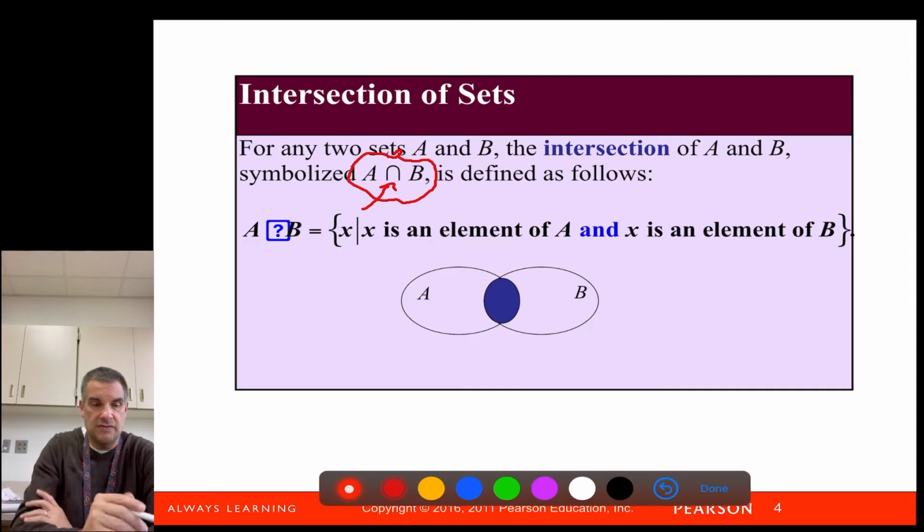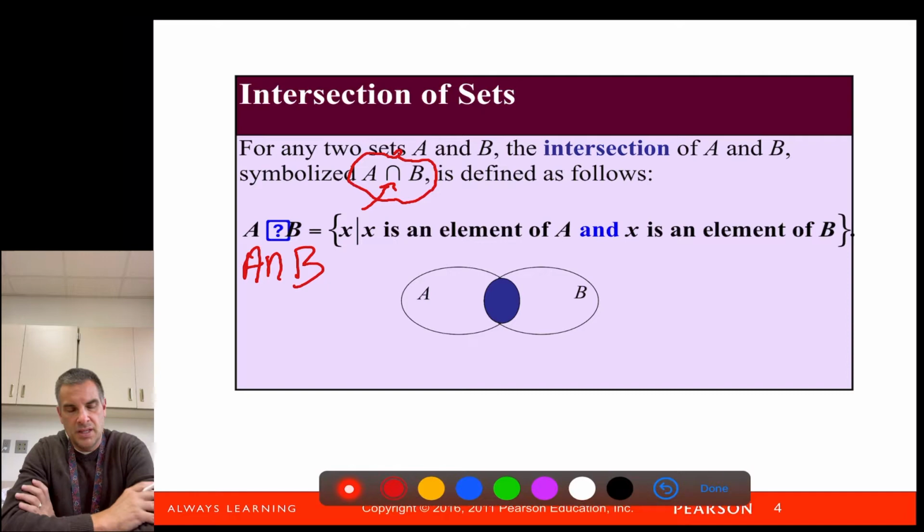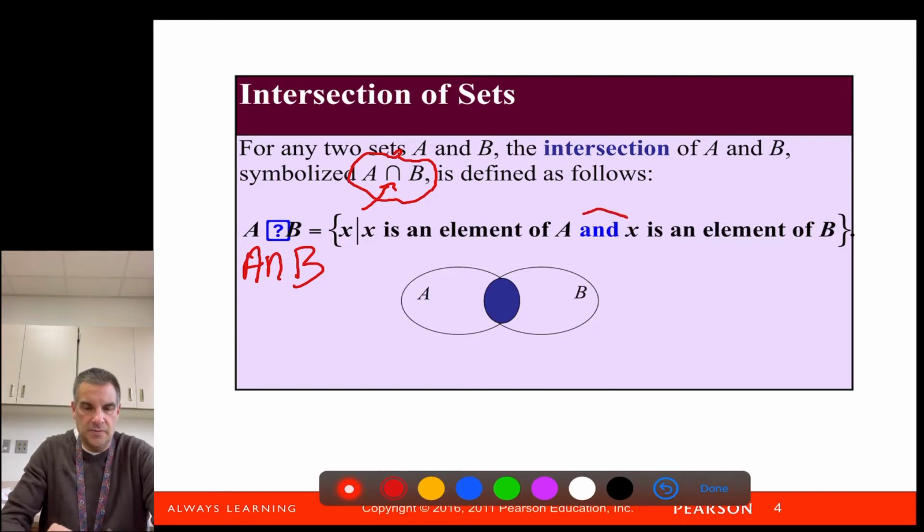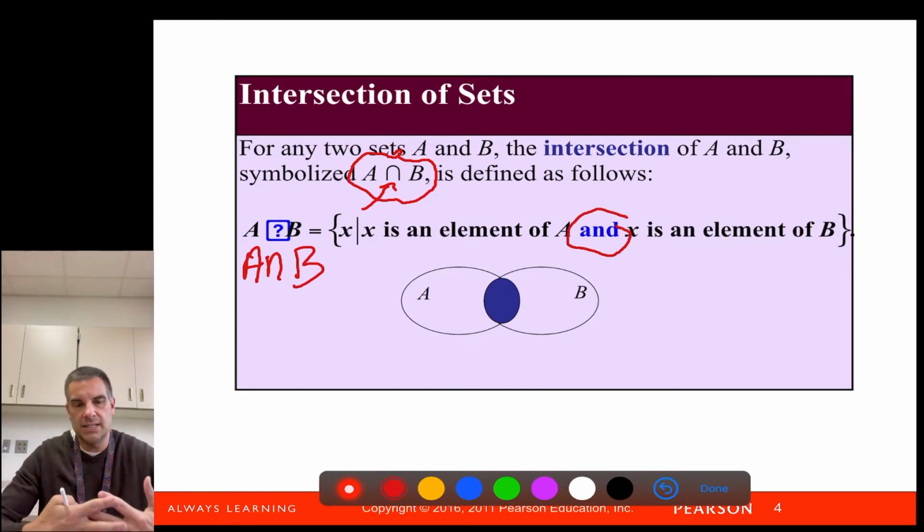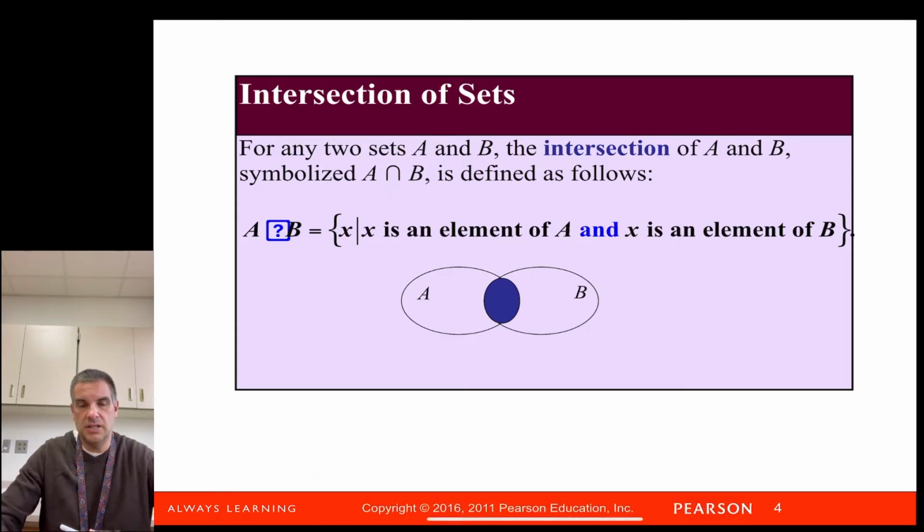So an intersection is defined as follows: A ∩ B is the set of x such that x is an element of A and x is an element of B. So if you have two sets of numbers, the intersection is going to be the ones that they have in both sets. They have to be in both A and B in order to be in that intersection.